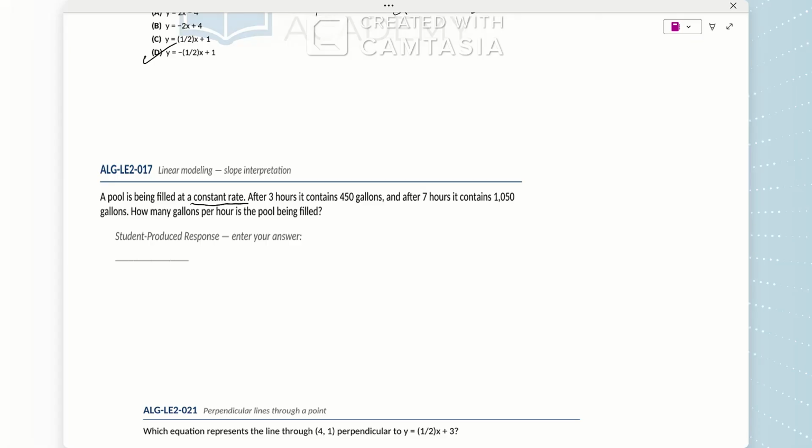So now, first things first, I would like to note that constant rate means the system we are looking at is linear. So we can use the linear equation concept. There are two variables involved: independent, dependent. What is independent?